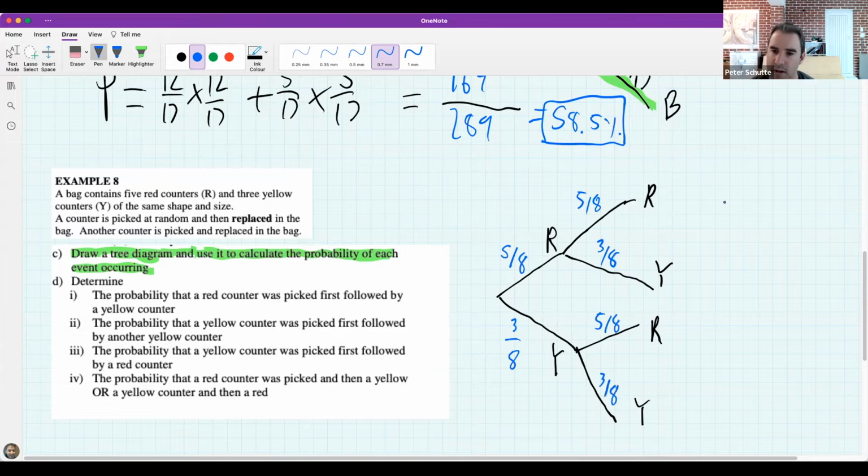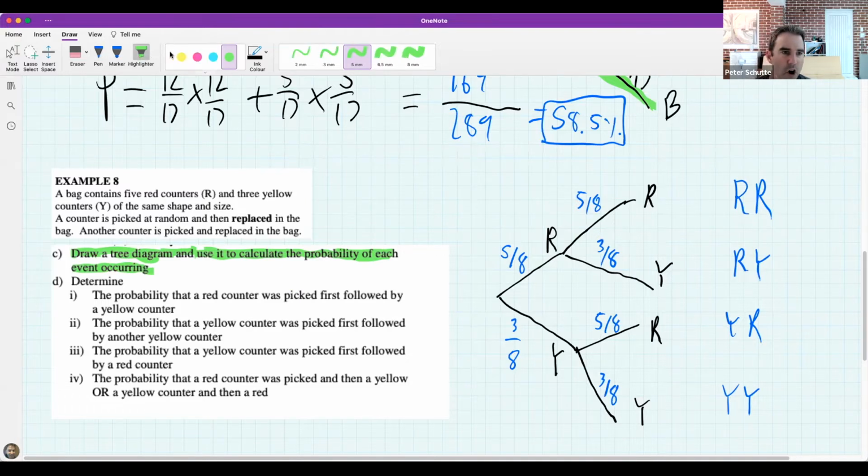Now, if they say you must list the outcomes, now they don't always do this, but if you have to, the outcomes would just be red red, red yellow, yellow red, yellow yellow. So that's an add-on sometimes that they ask for, but you can see that from the tree diagram. Okay, any questions about the tree diagram? Otherwise, we're going to move on to the questions now. So the hard work's actually done.